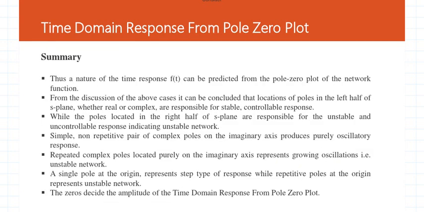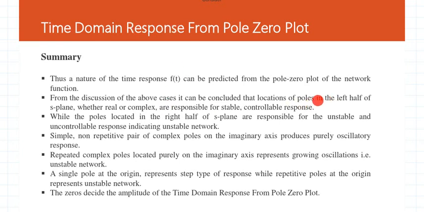So summarizing all the cases, friends, let us put all those 8 cases together. What do we understand? The nature of the time domain response f of t can be predicted from the pole zero plot. Once we look at the pole zero plot, we can understand the nature of the time domain response, right?